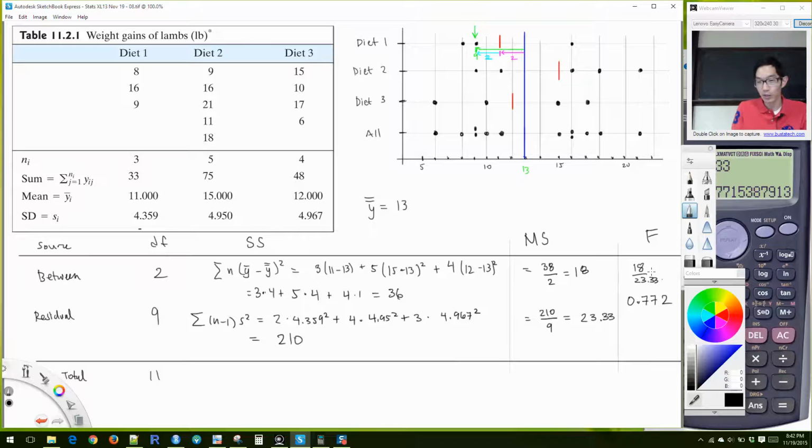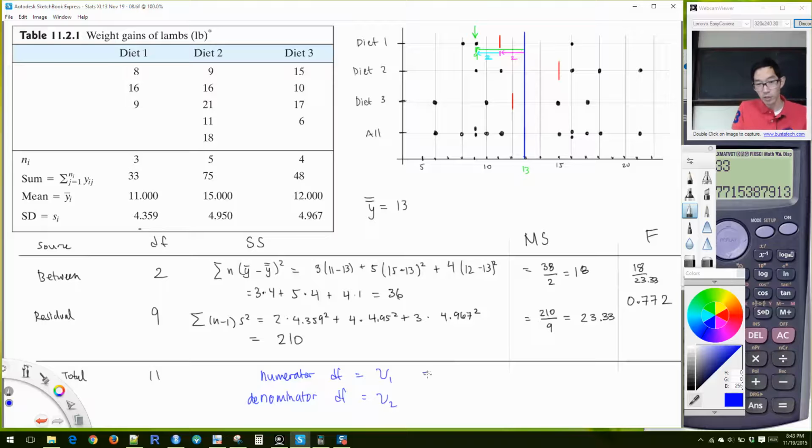Okay, so when we look up an F statistic, you need 2 degrees of freedom. There's a numerator degrees of freedom and a denominator degrees of freedom. So you have a numerator df, which is sometimes called v1, and you have a denominator df, which is sometimes called v2.